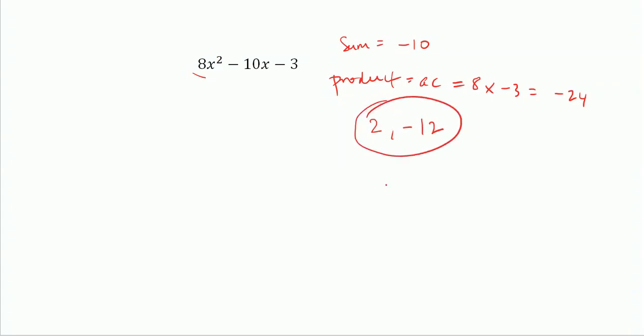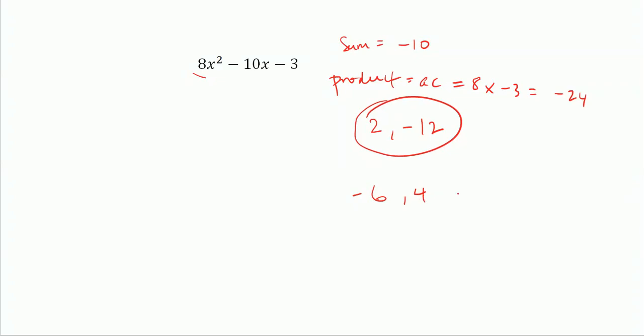Now some students might look at this and say, well, let's use 6 and 4. But 6 and 4 cannot be right, because 6 4s are 24 and 6 plus 4 is 10. So they might say, well, let's put a minus 6. Minus 6 by 4 will give us minus 24. That is correct. But minus 6 plus 4 gives me minus 2.